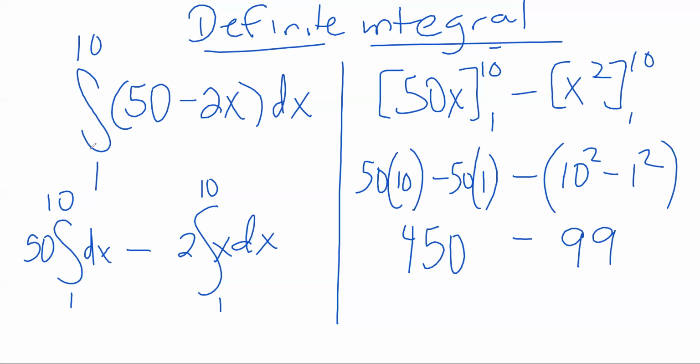Now, this would actually lead me to how much revenue I made over this particular period. Even though revenue is decreasing over time, I still have a positive number in regards to revenue. It's 351. So 351 is also the value of this definite integral.